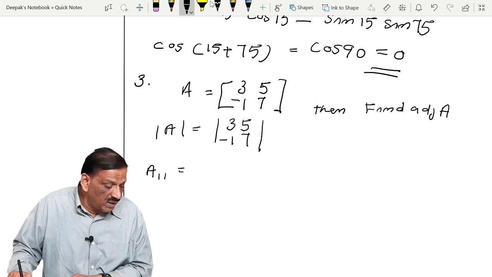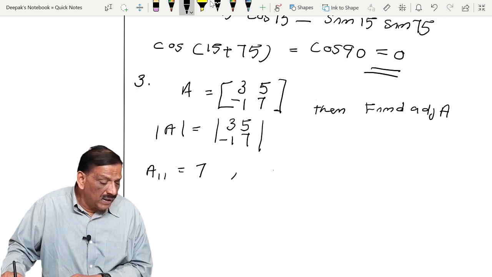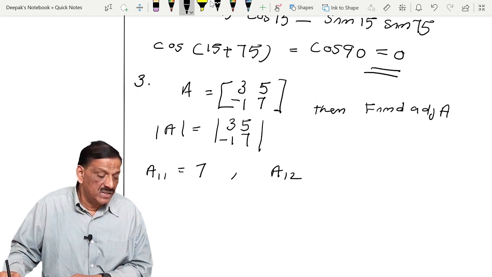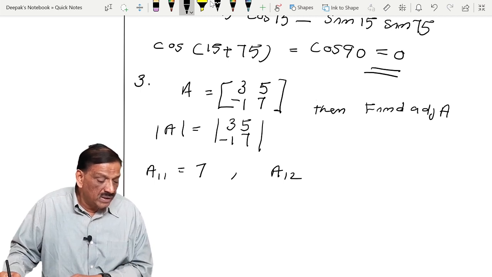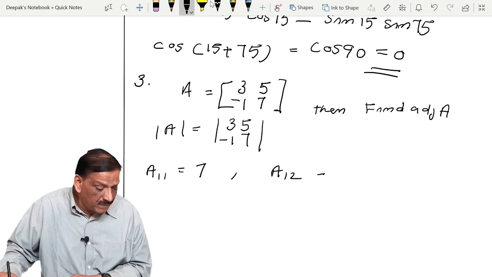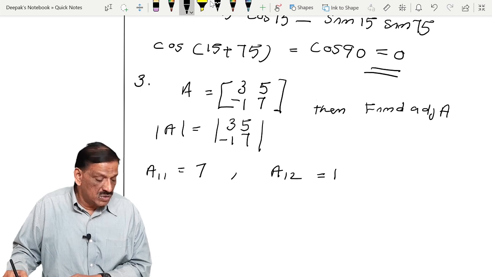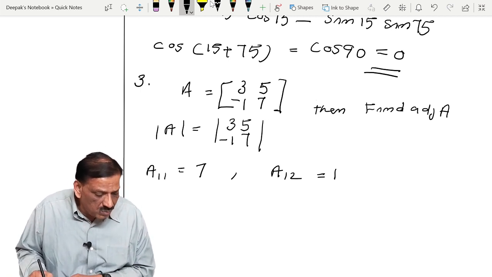So A11 equal 7. A12 is first row second column. 1 plus 2, 3, that is odd number, therefore minus. So A12 is minus of minus 1, that is equal to plus 1.